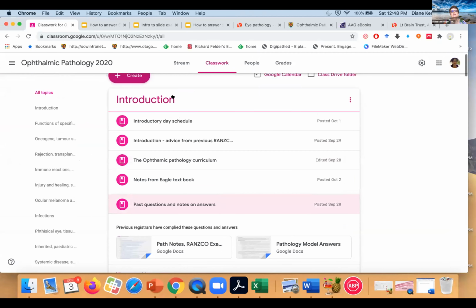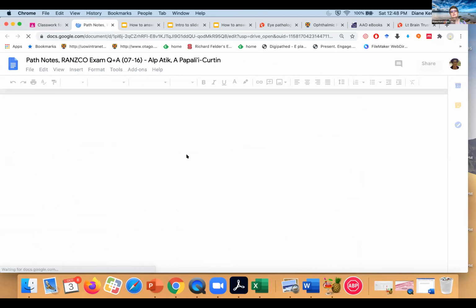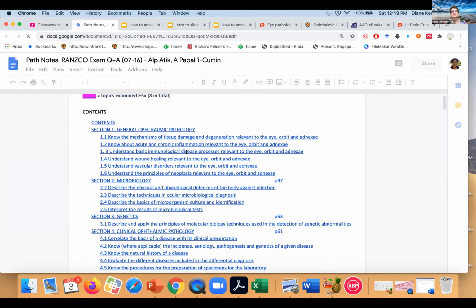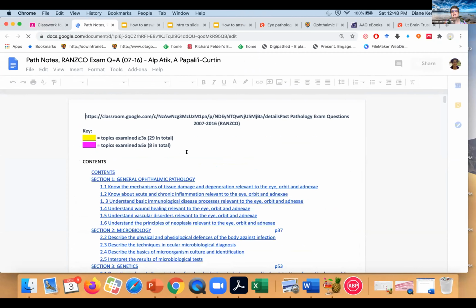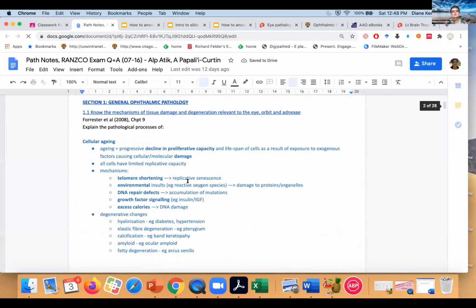They're here. So this is the introduction. Right, these are the notes from the Eagle textbook that I mentioned. And these are the questions and answers from previous people. So this person here who's previously done it has done a really good job of putting together the questions in categories.